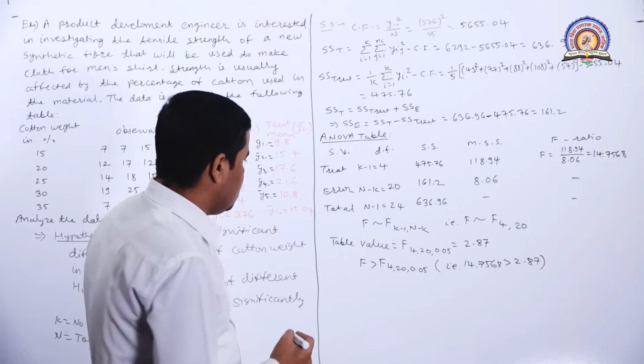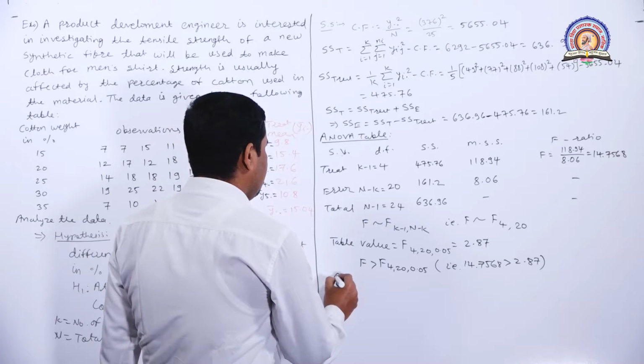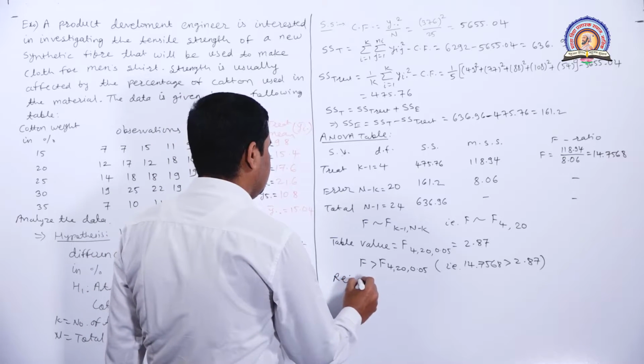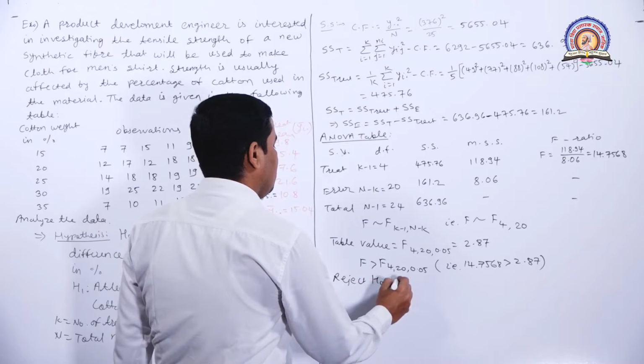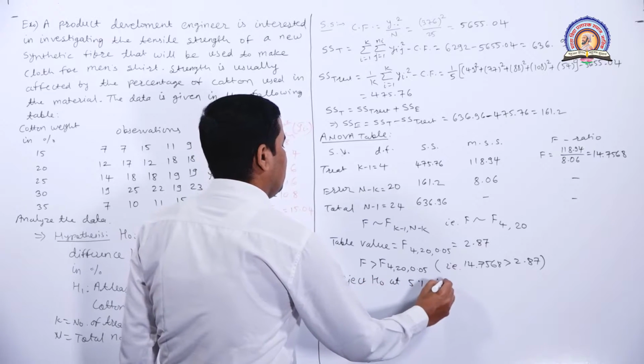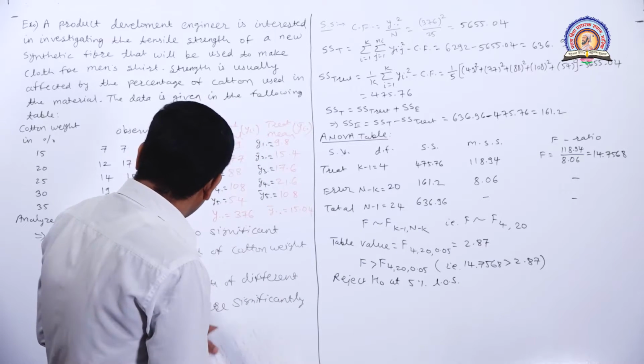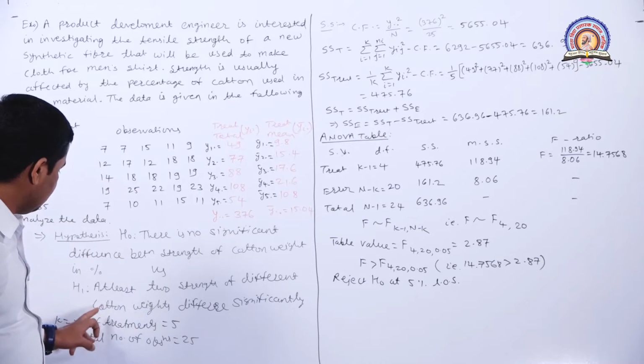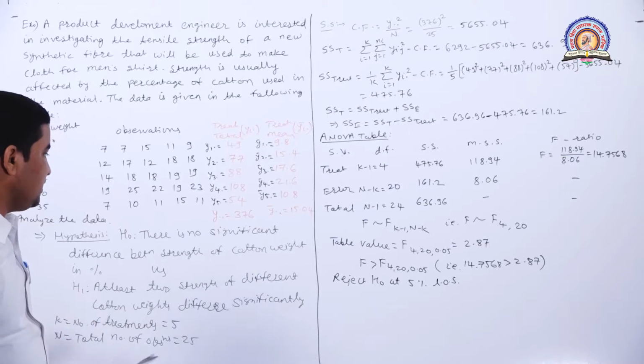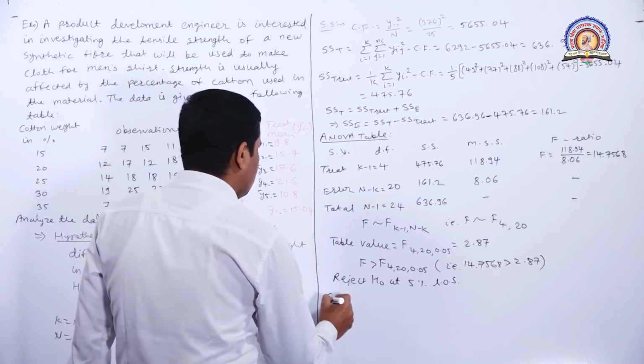Hence, we have to reject H0 at 5% level of significance. Rejecting H0 means we have to accept H1.